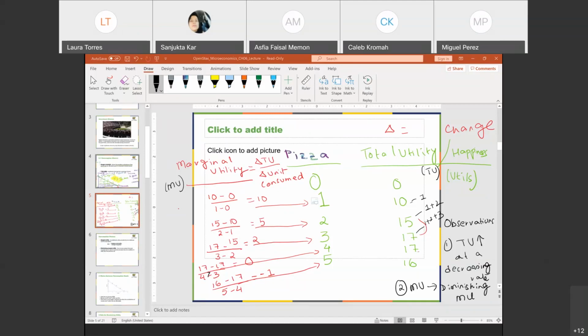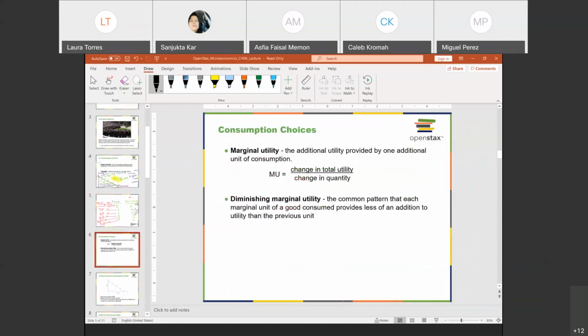So this is the concept here, and I was showing you the video of Homer Simpson. For him, the diminishing marginal utility concept doesn't really hold good, because he was never satisfied with the amount of food he was eating.